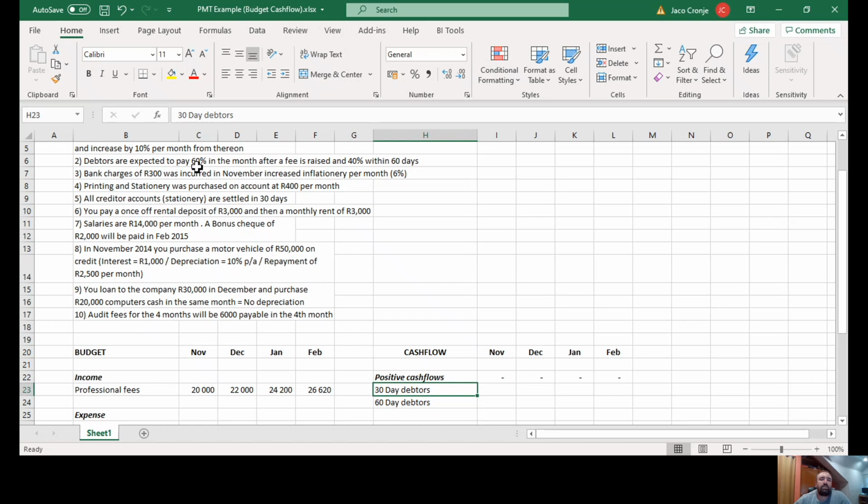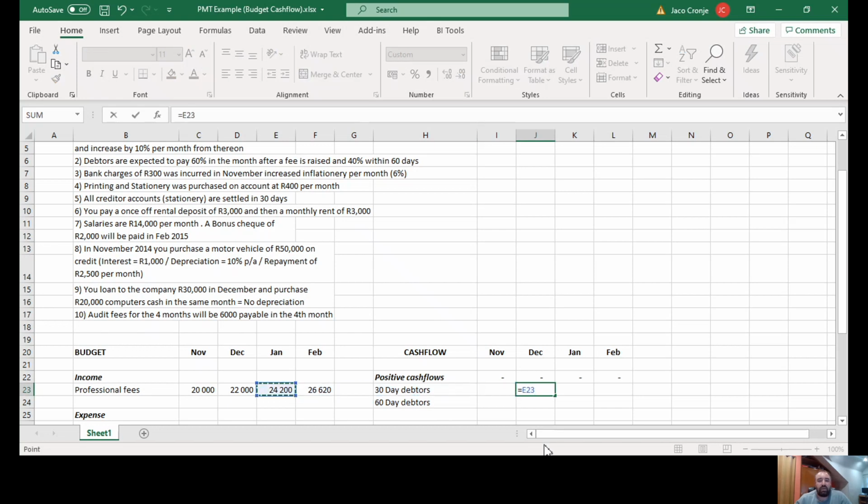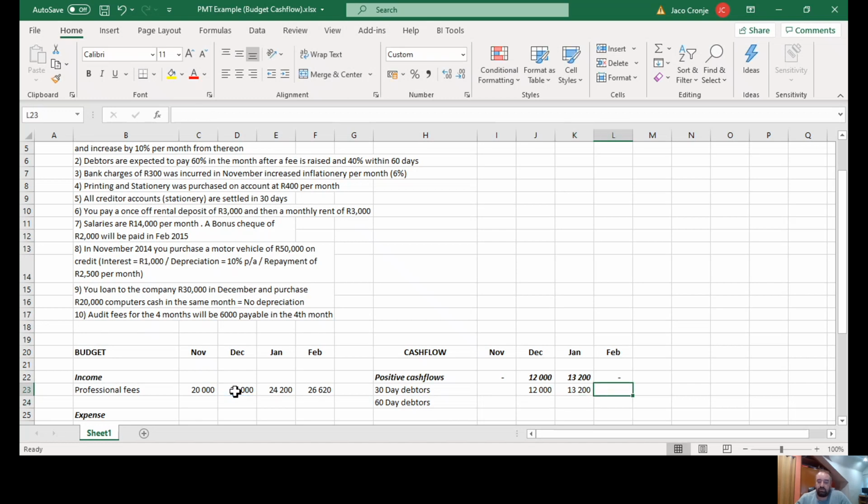30-day debtors will pay 60% in the month after a fee is raised. So that means if I raise a fee in November for 20,000 Rand, then my 30-day debtor will pay 60% of that in December. The fees that I raised in December, 60% of that will come in Jan.